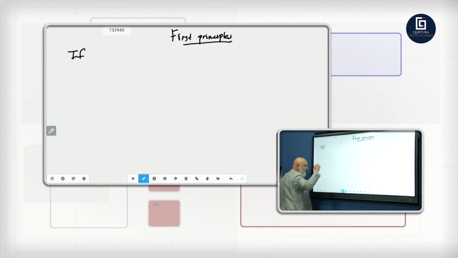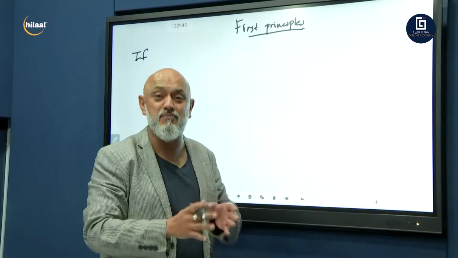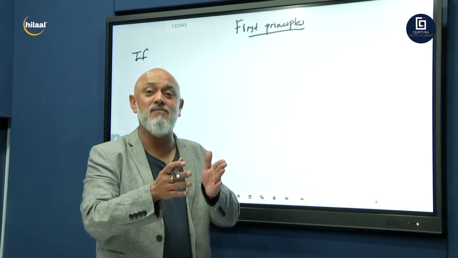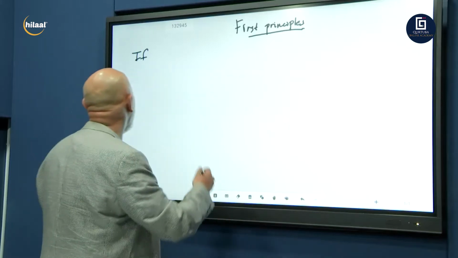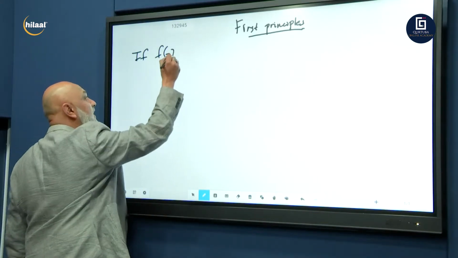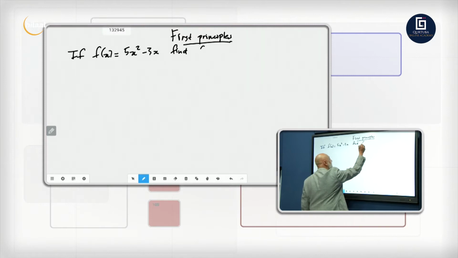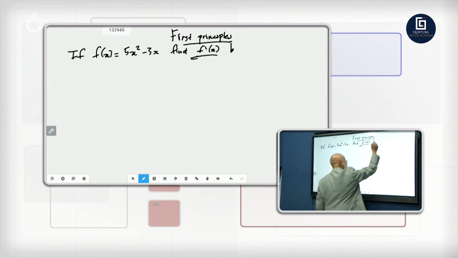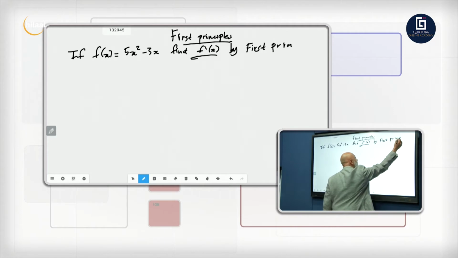I'm not only using this as an example to show it to you, I'm actually showing you a template that you can use. All you do in the exam is change the values, but you follow and unpack the process. If f of x is equal to 5x squared minus 3x, find f dash x, the general gradient of f of x, by first principles. This is your command, your instruction for you to use the formula.